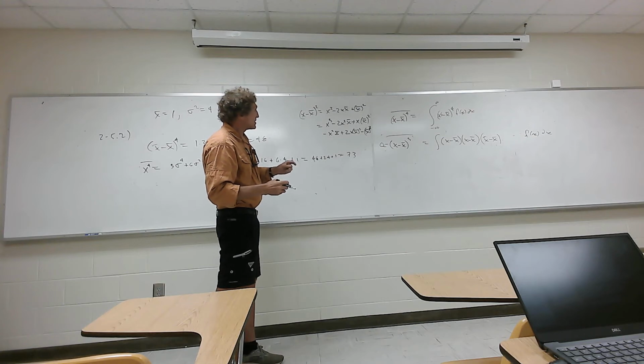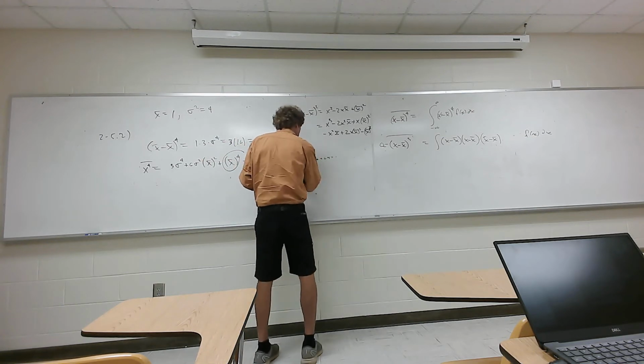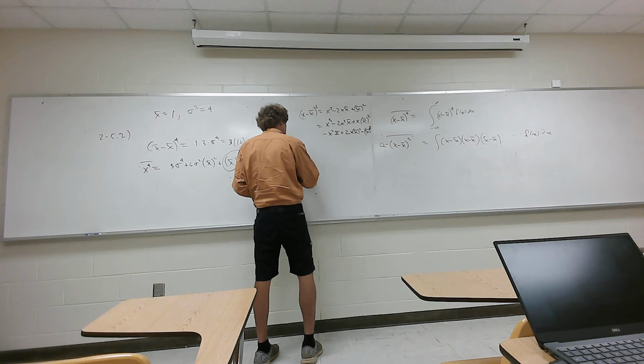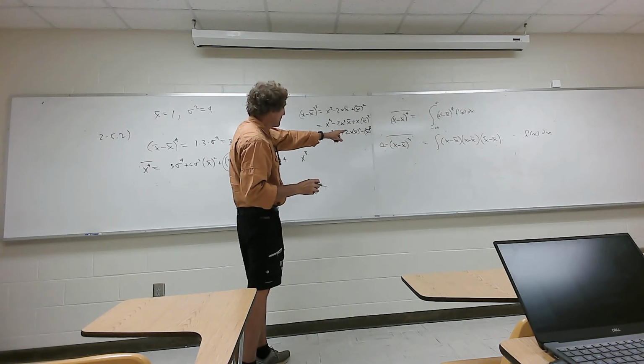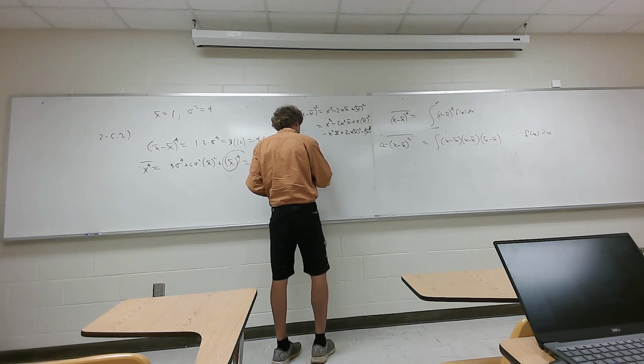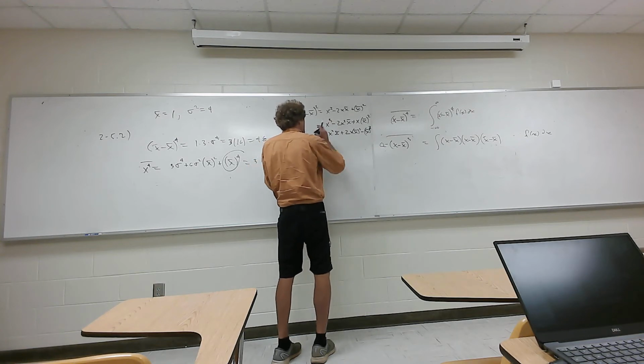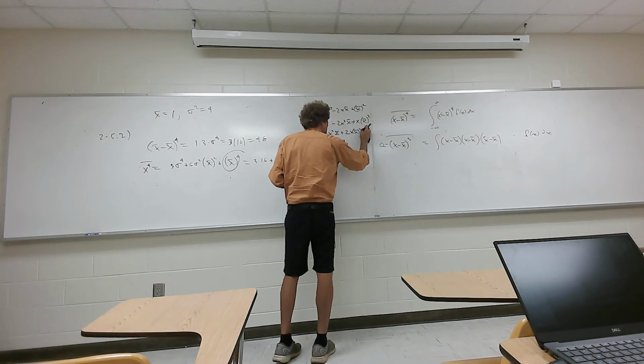The highest power is going to be x cubed, that stays, right? So I get x cubed. Now, the lowest power is going to be minus x bar cubed, that stays. I got rid of that one, and that one.